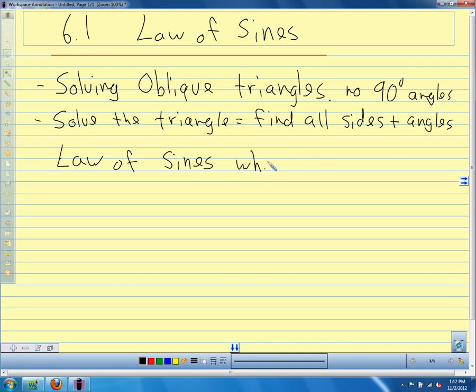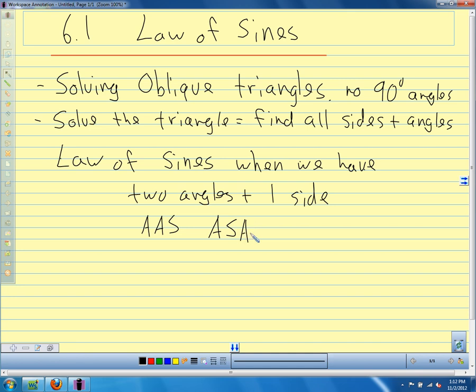So law of sines when we have two angles and any side. And we're going to apply it to, if we remember back, I know geometry was a long time ago, angle, angle, side, or angle, side, angle triangles.